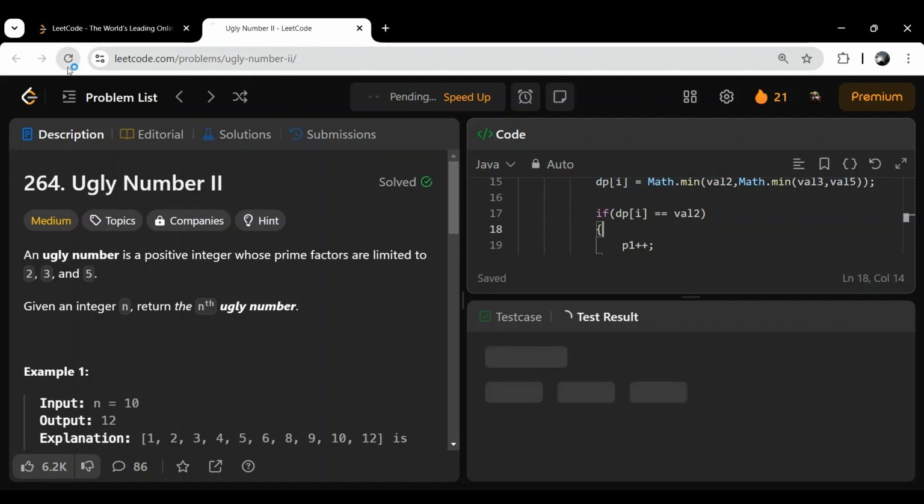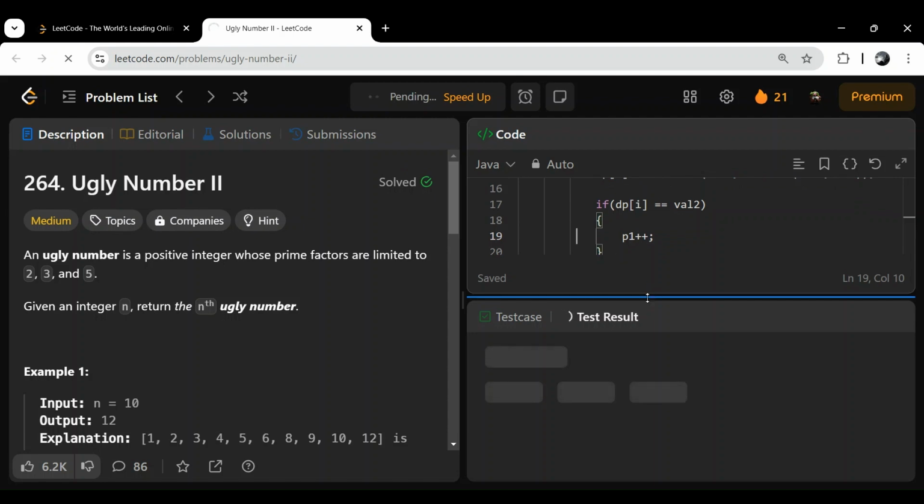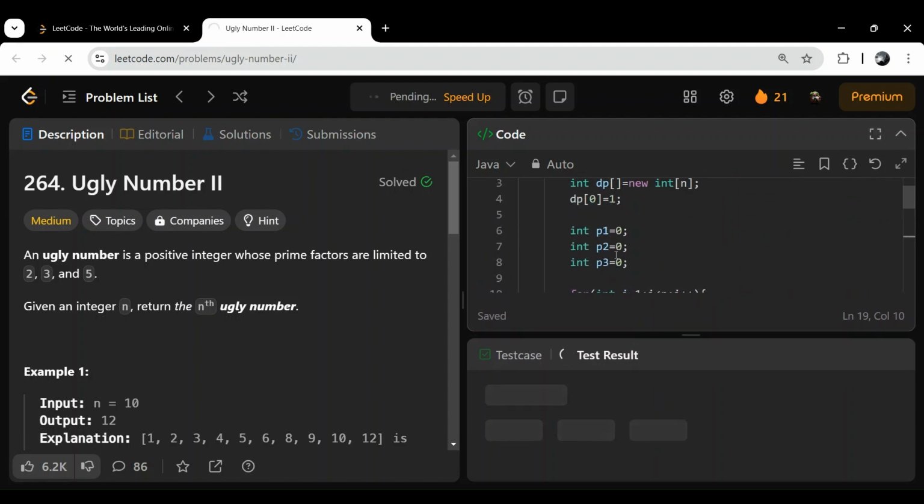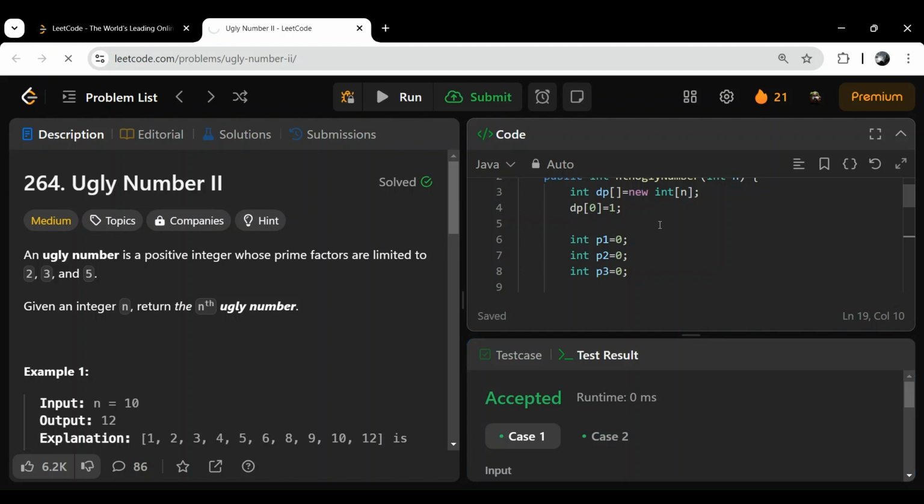Let me refresh once. Maybe there is some internet issue. Let me connect. Yeah, now you can see accepted.